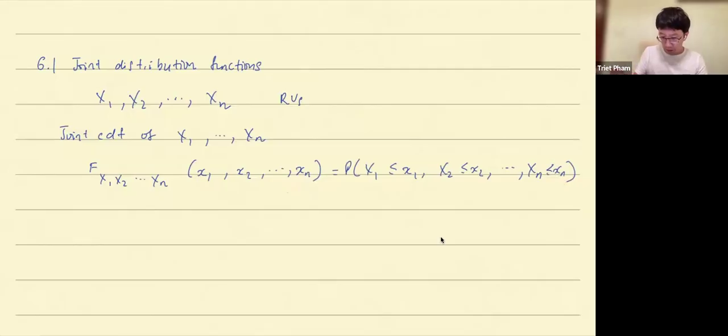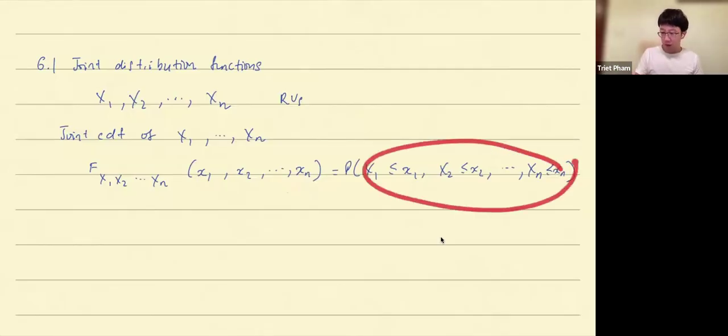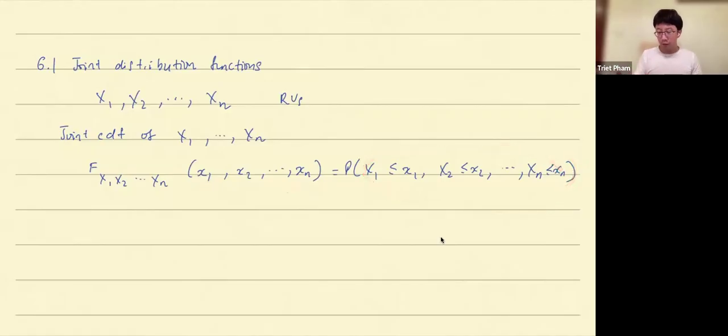And so basically, that is what we mean by joint behavior. And I think at the heart of it is really this intersection of events. Meaning what?